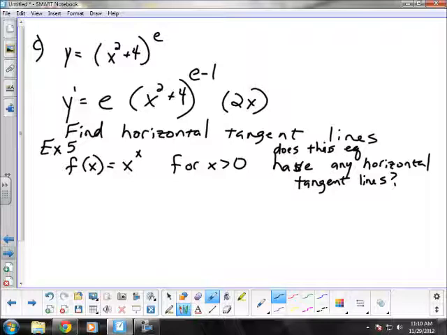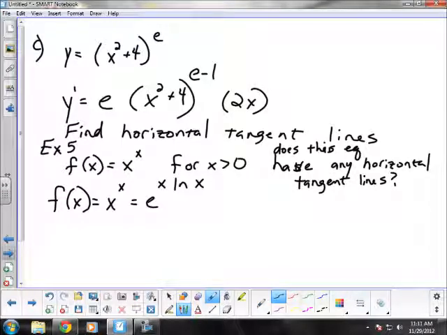Okay. And since I have the right, this doesn't work for us. We don't have anything where it's a variable raised to a variable. Right? So I'm going to rewrite that as e to the x times the ln of x, using that rule that we had before.